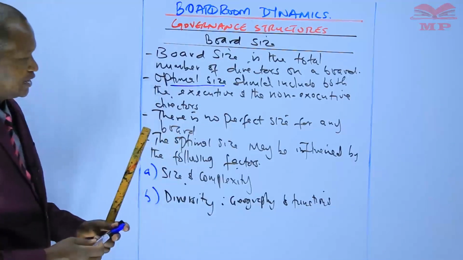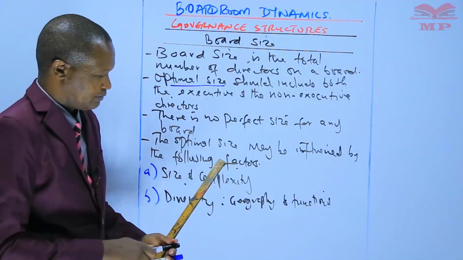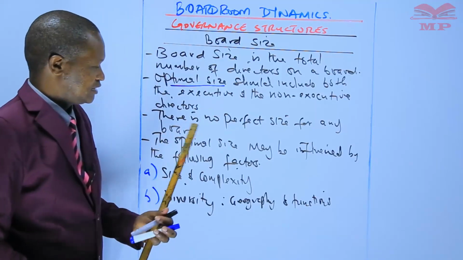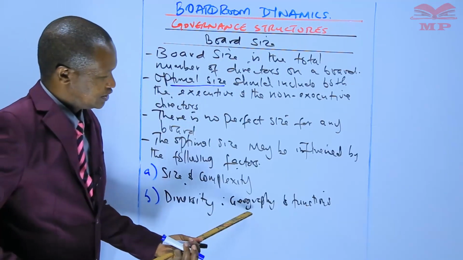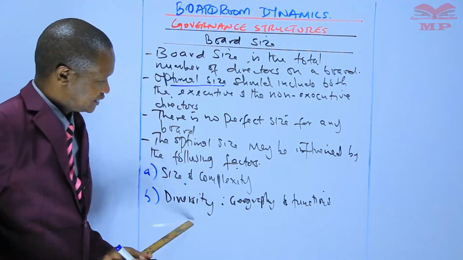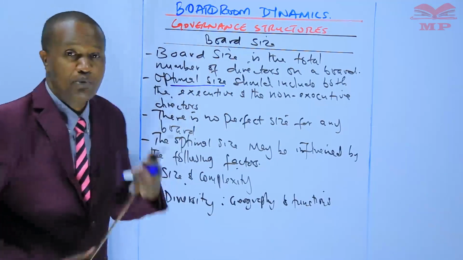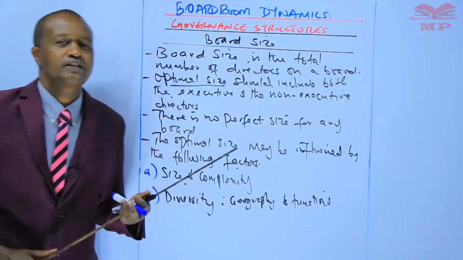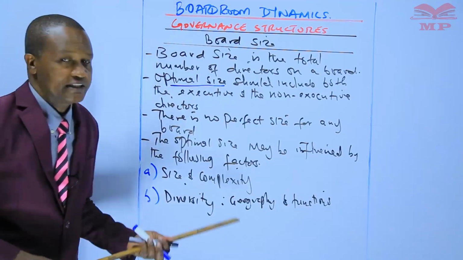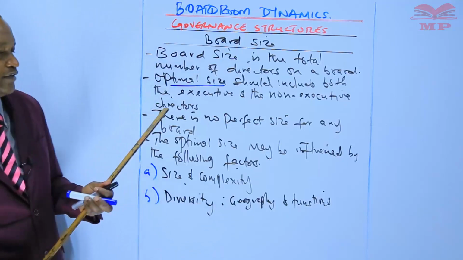If a company operates in different countries, that's what we are referring to as geographical diversity. So geographical diversity will determine the optimal size of the board. The diversity of the business could be either geographical diversity or functional diversity.